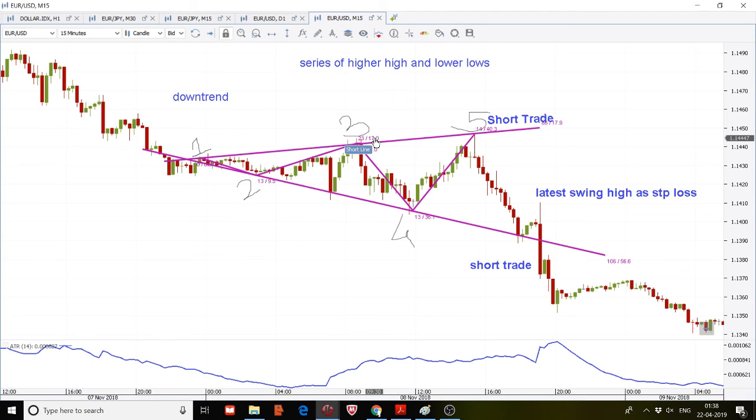and that's the use of the trend line in technical analysis. Most traders use a trend line because it gives us an idea of the third point.